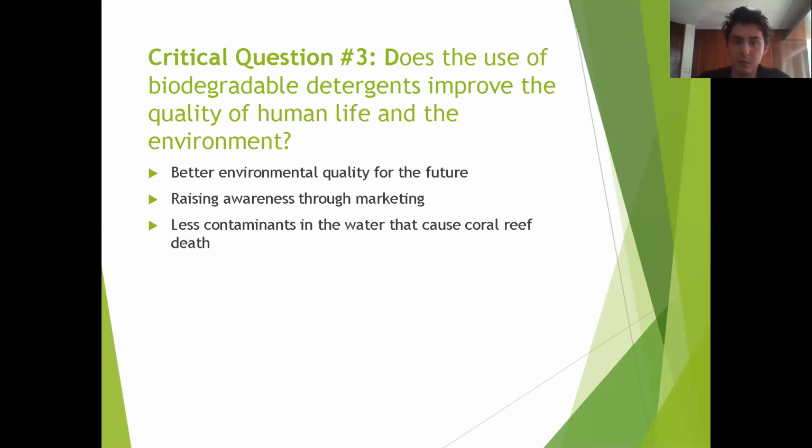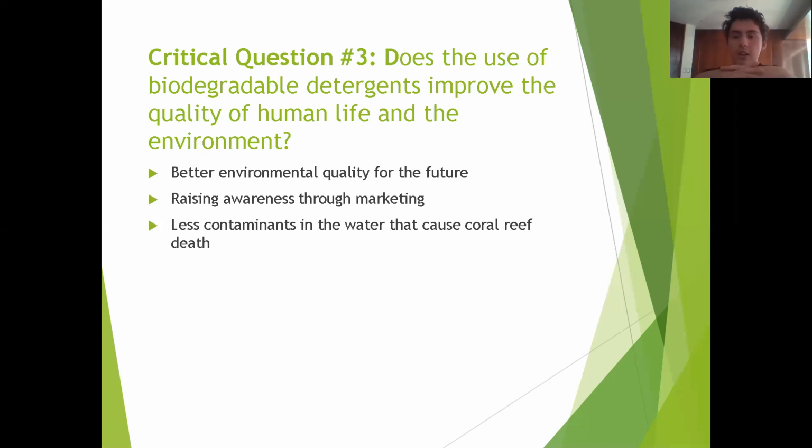Does the use of biodegradable detergents improve the quality of human life and environment? Yes. It causes better environment quality in the future if we use biodegradable detergents. In other ways, we can raise awareness through marketing, because people buy what they're being sold, and if they're being sold a product that cleans more but isn't biodegradable, people are going to buy that.